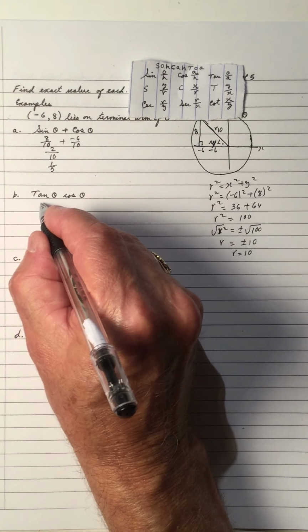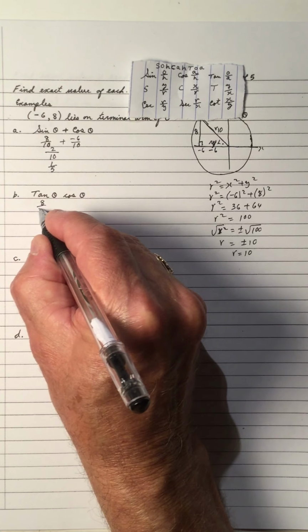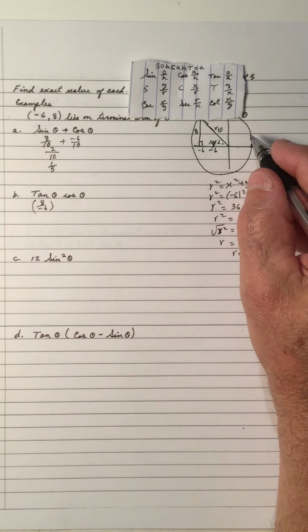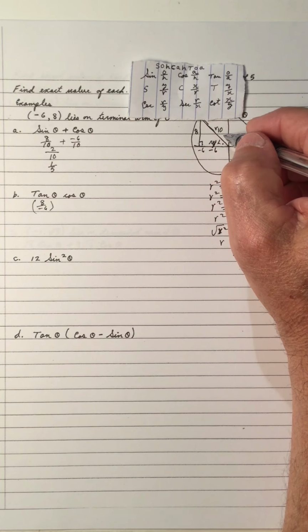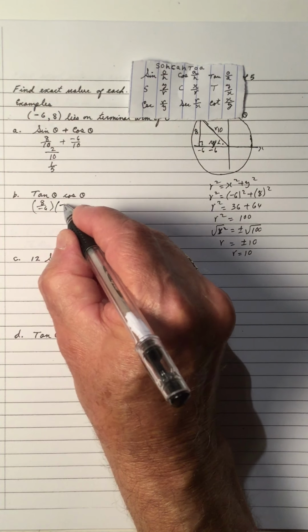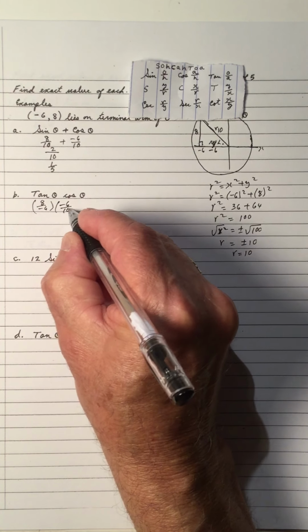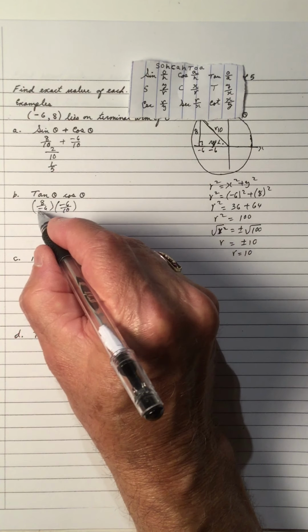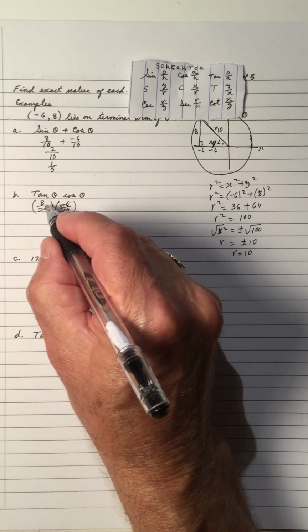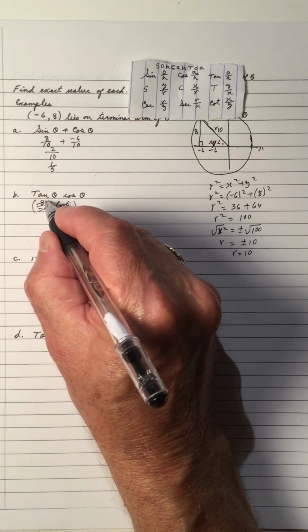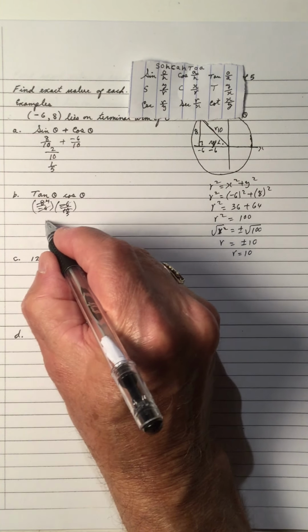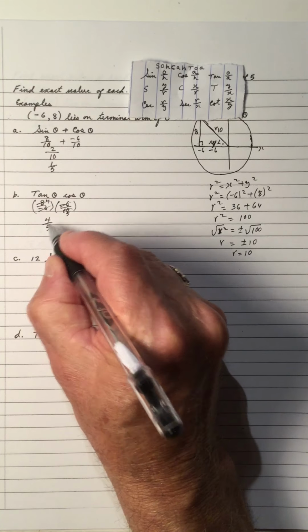So it's 8 over negative 6. And the cos is the x over the r, so it's negative 6 over 10. And we reduce if we can. So the negatives cancel out, and we get 2 into 8 goes 4, 2 into 10 goes 5, so we get 4 over 5.